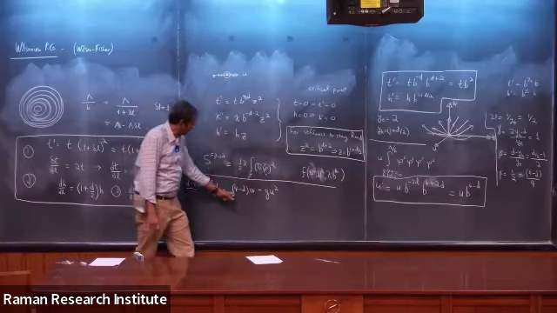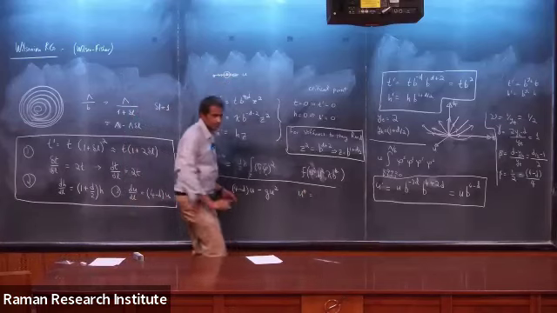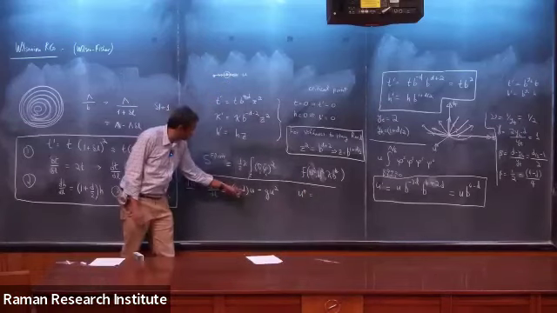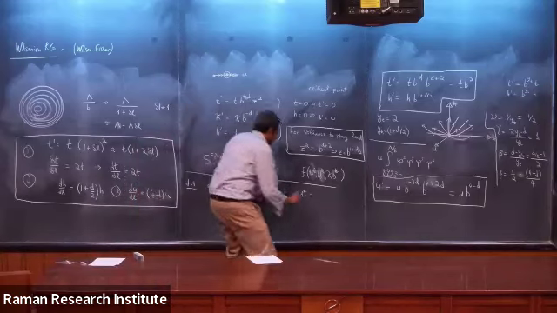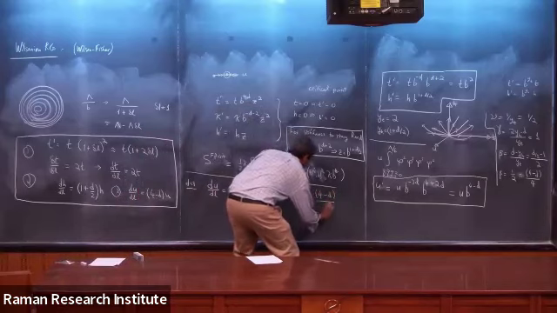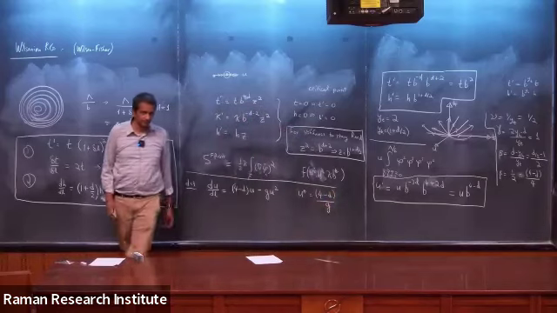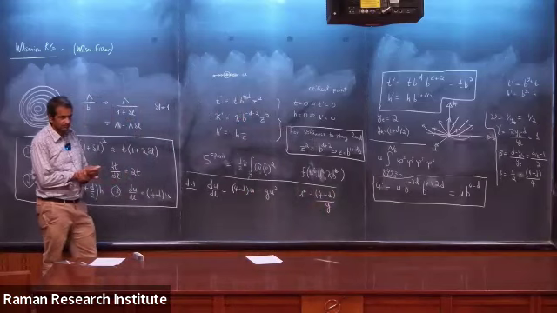Okay, and that's going to happen at a point u star, which is going to be given by (4 minus d) divided by g.